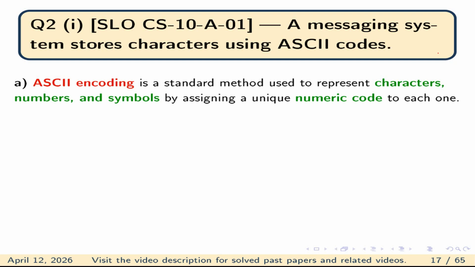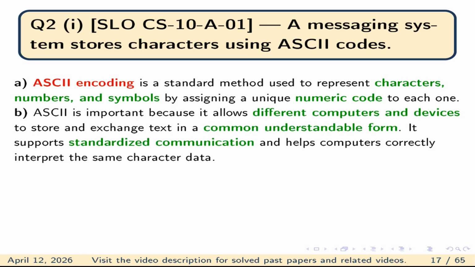What is ASCII code? ASCII stands for American Standard Code for Information Interchange, and its encoding is a standard method used to represent characters, numbers, and symbols by assigning a unique numeric code to each one. ASCII is important because it allows different computers and devices to store and exchange data in a common understandable form.